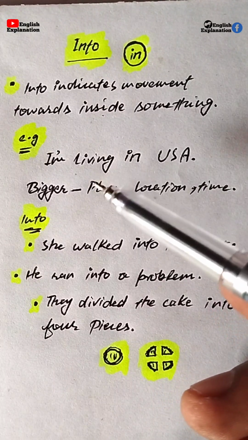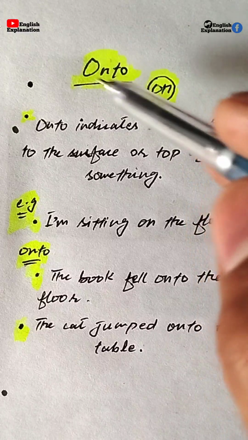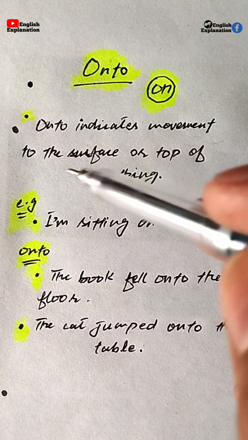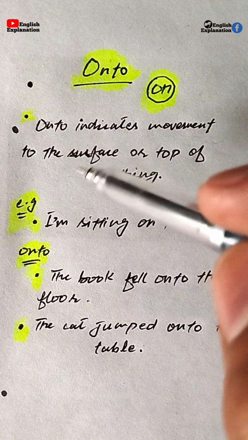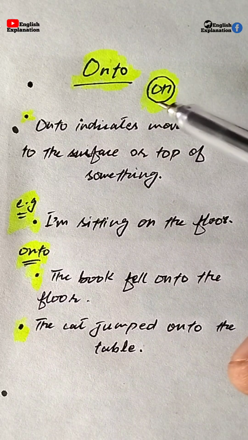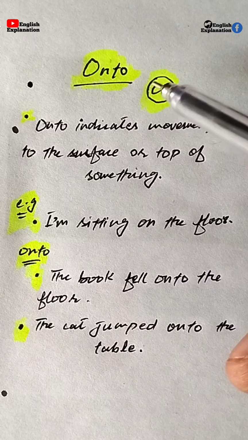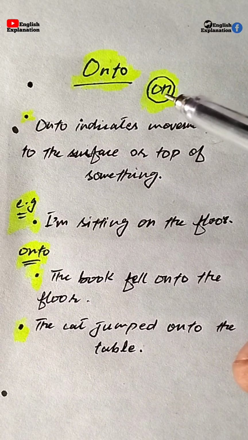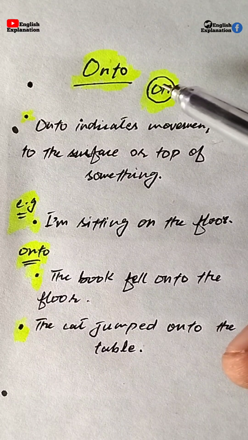Let's talk about preposition onto. Onto indicates movement to the surface or top of something. One thing is going from one place to the other place. So we are using on here. Why? We know we use preposition on for surface area or mode of transport.